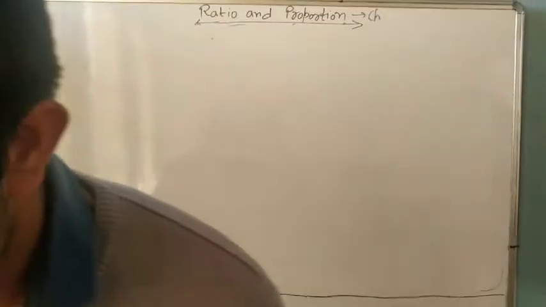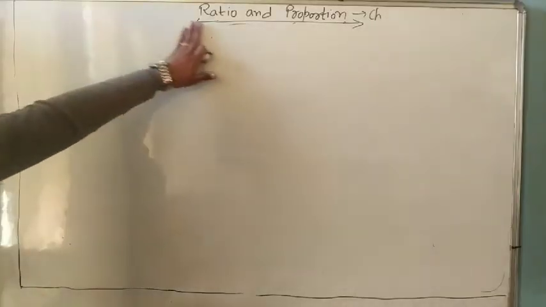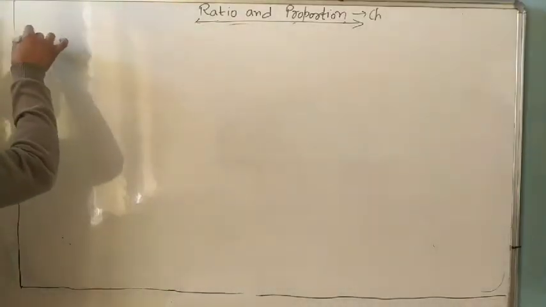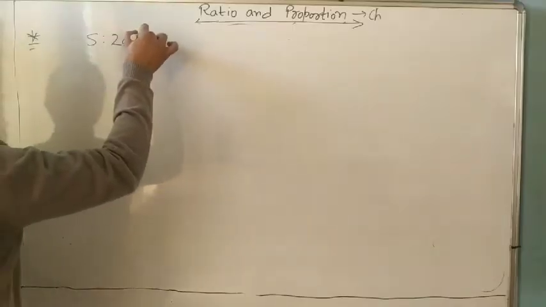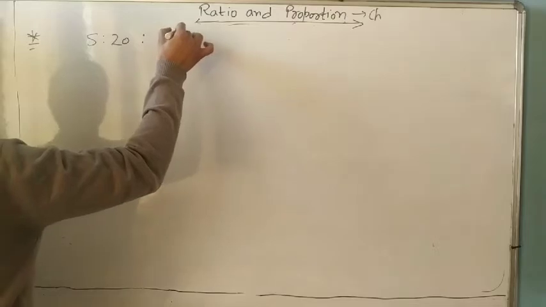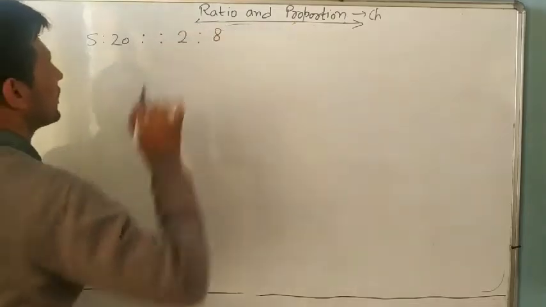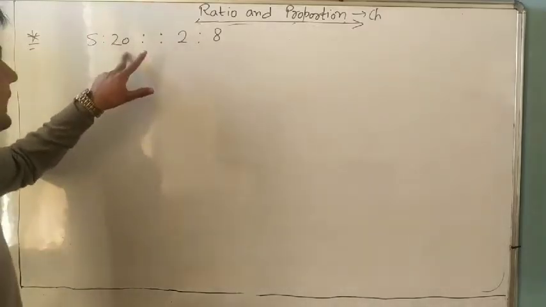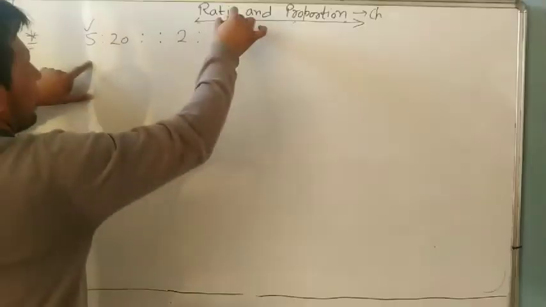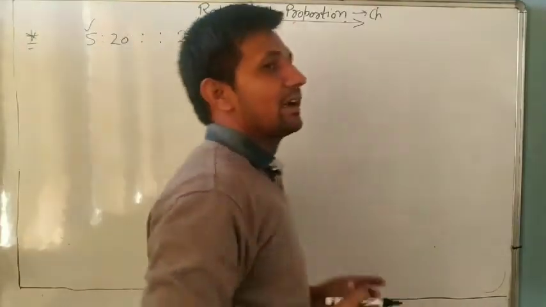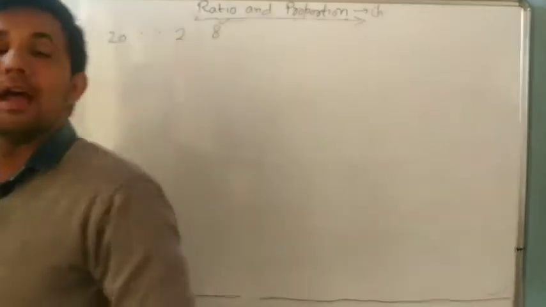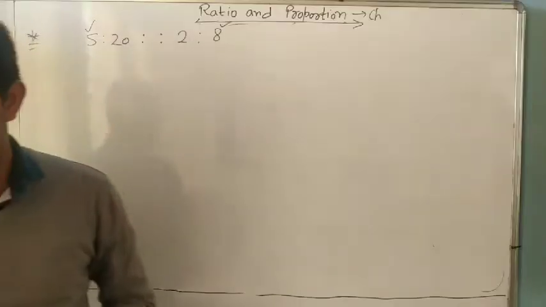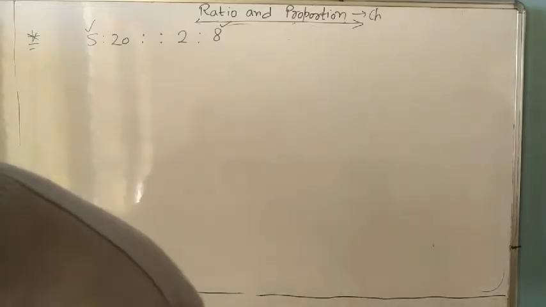Next, every time remember, in any proportion like 5:20 and 2:8, there is a left side and a right side. The left and right side numbers we call extreme numbers, and 20 and 2 are the middle numbers.